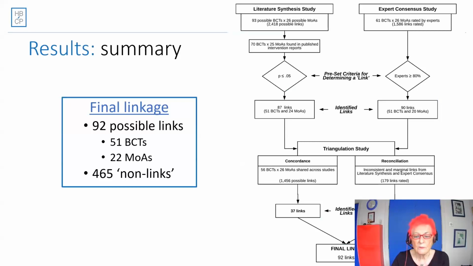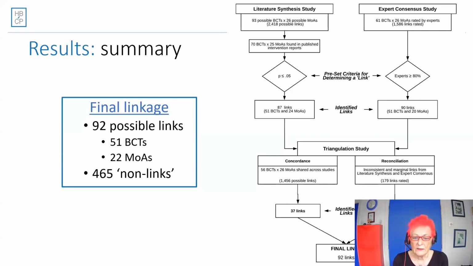So this is the summary of the whole thing. Overall, we found 92 possible links involving 51 BCTs with 22 mechanisms of action, and overall 465 non-links. So in the diagram on the left is the literature synthesis study, and on the right the expert consensus study, and you see how we move down to the point at which we have 87 links from the literature synthesis and 90 links from the expert consensus.